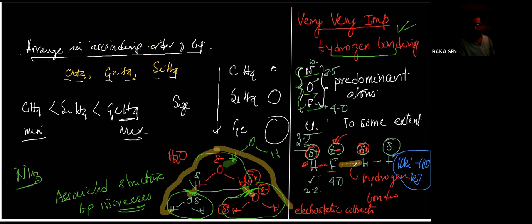Why is the boiling point of water so high? They might very well ask you. So only four atoms, nitrogen, oxygen, fluorine, and chlorine, are the only ones which can form hydrogen bonds.